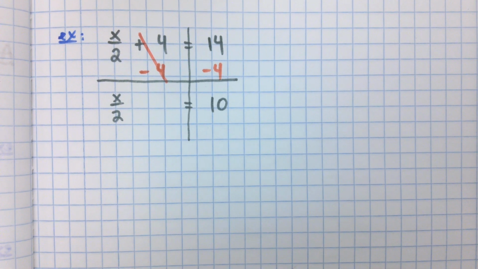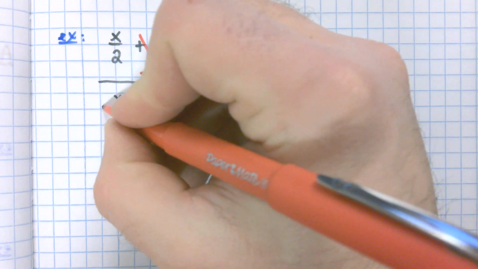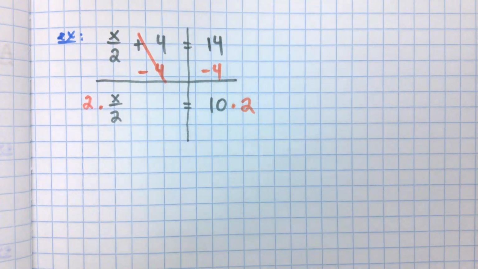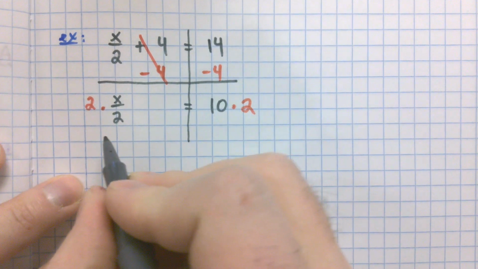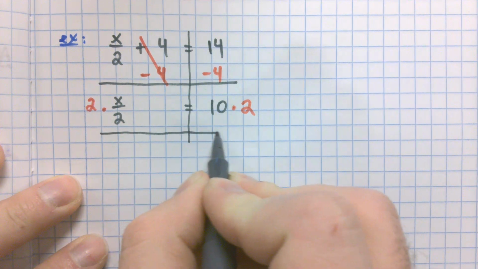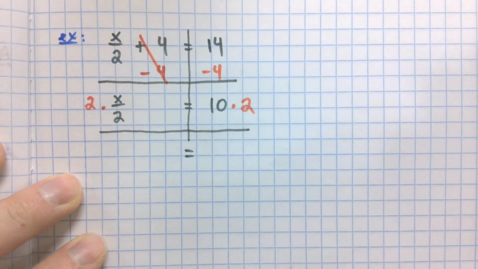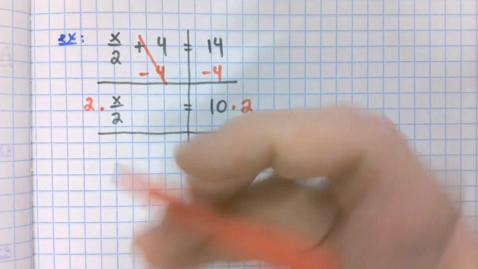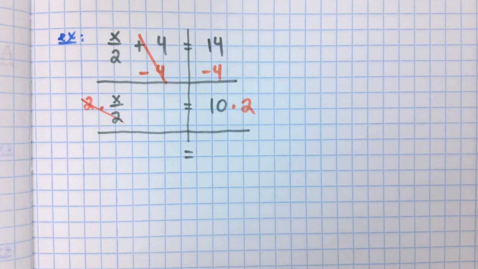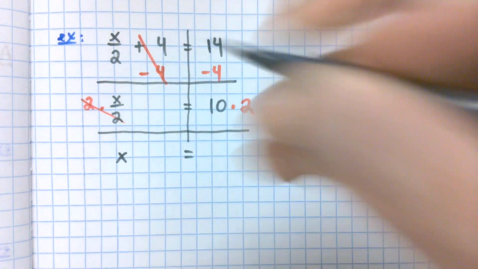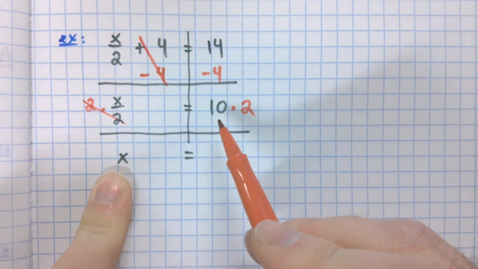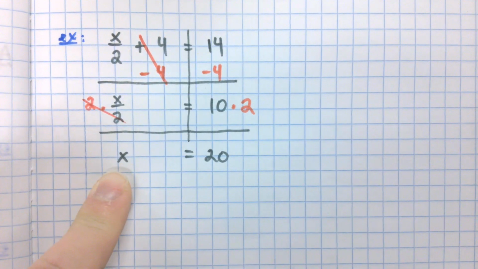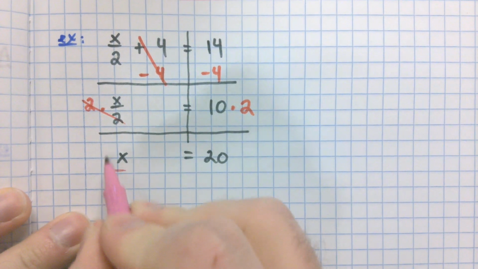What's the inverse of dividing? Multiplying. So we'll multiply both sides by 2. 2 over 2 cancels out, leaving us with x, and 10 times 2 on the right gives me 20. Not too bad, right? Hopefully.